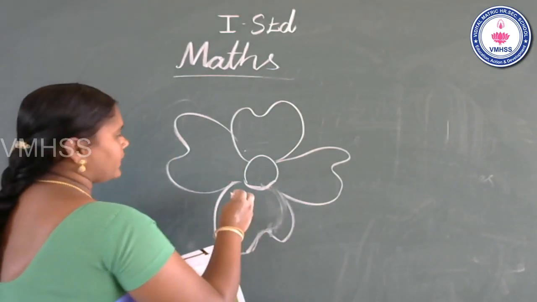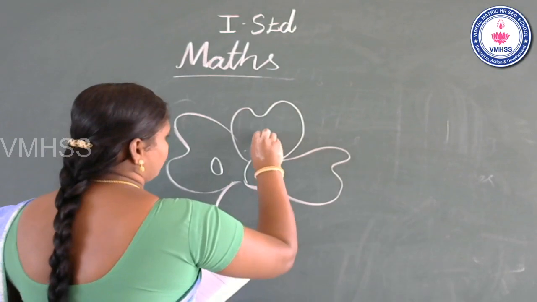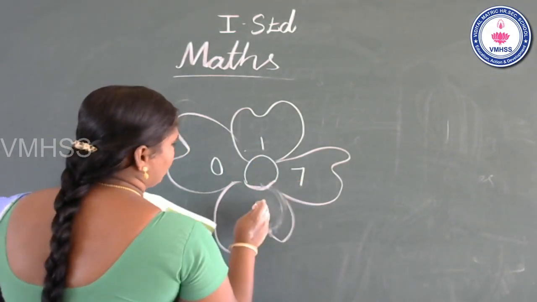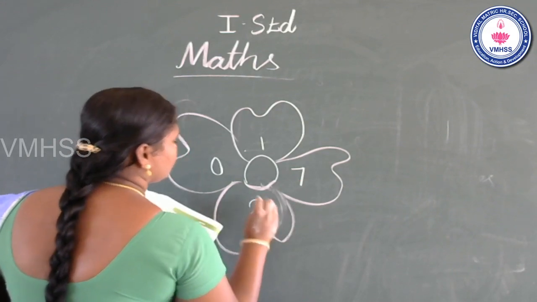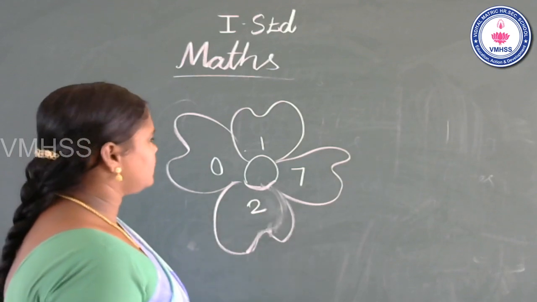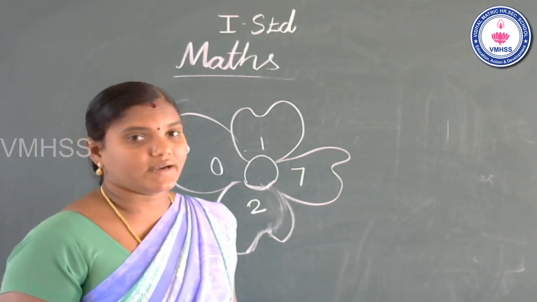What is the first number? Yes, 0 and 1. Next number 7. What is the last number? 2. Very good. Okay, students, now 0 plus 1.